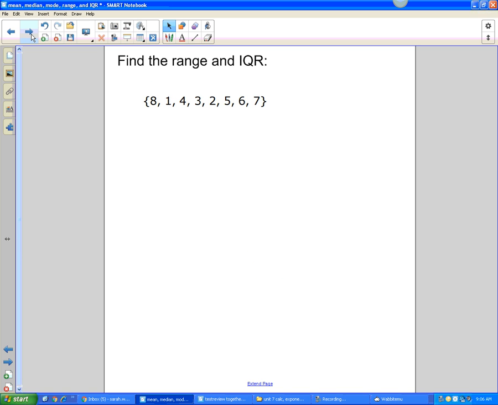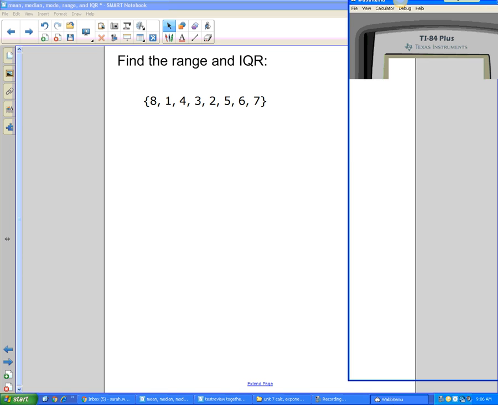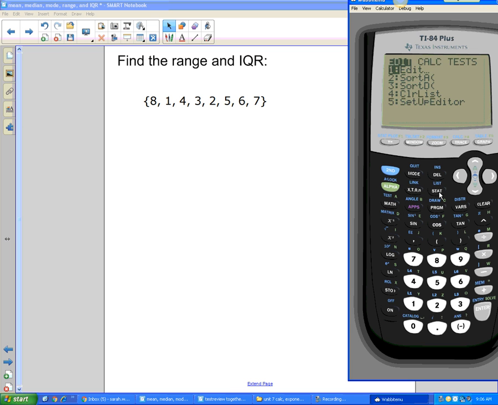All right, find the range and IQR of this set. I think this is our last one, isn't it? Okay. Ethan H., what should I do first on this problem? Good. Where am I putting it in the calculator? Yep.